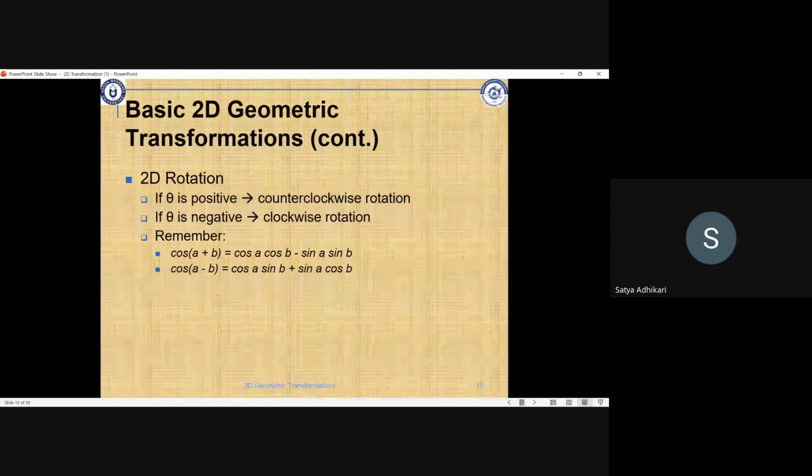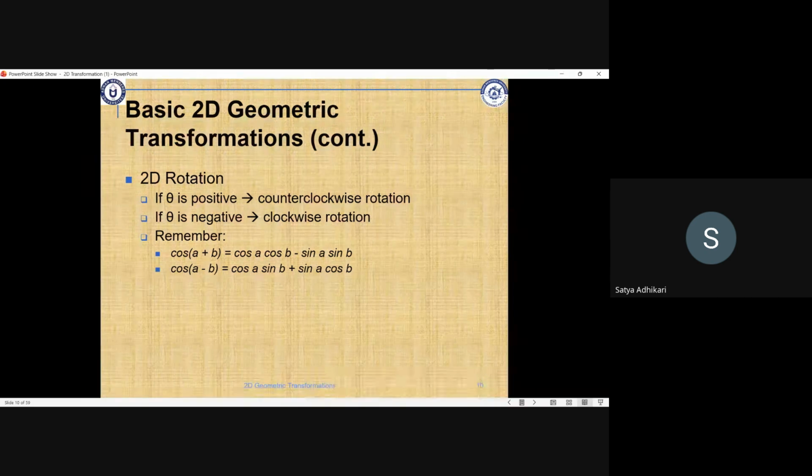The direction of the rotation depends upon the rotation angle theta. If theta is positive, the rotation is anti-clockwise, counterclockwise. If theta is negative, it is clockwise.